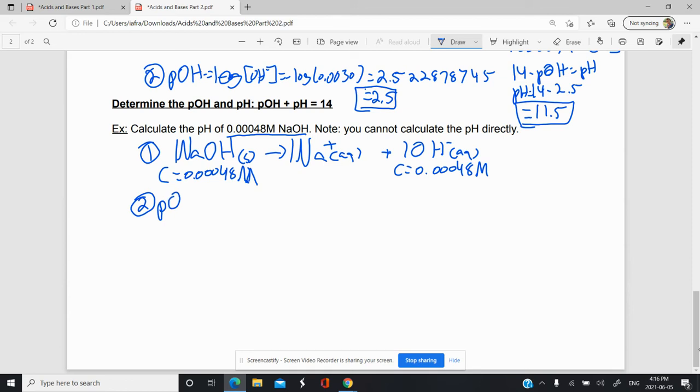We can find our pOH, which is equal to negative log of the concentration of OH-, which is the negative log of 0.00048. And we get about 3.318758763, which is approximately, to 2 sig figs, 3.3.